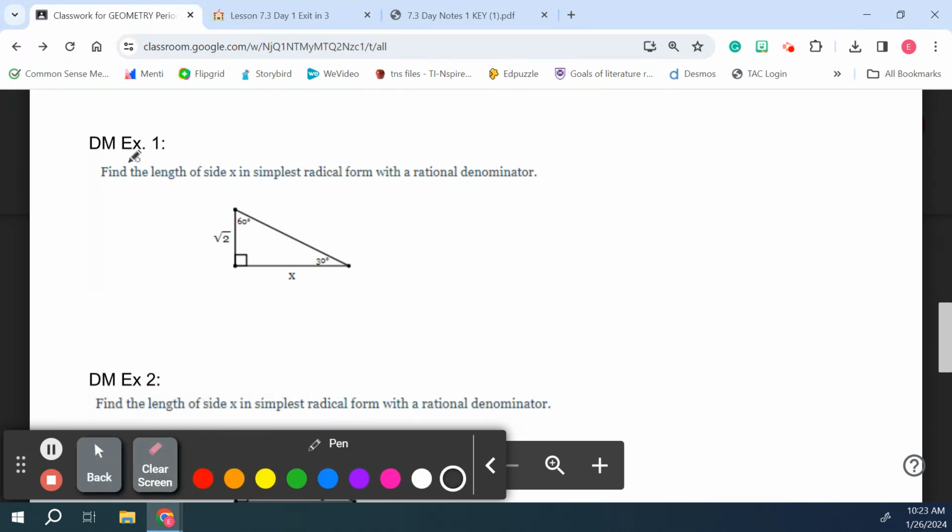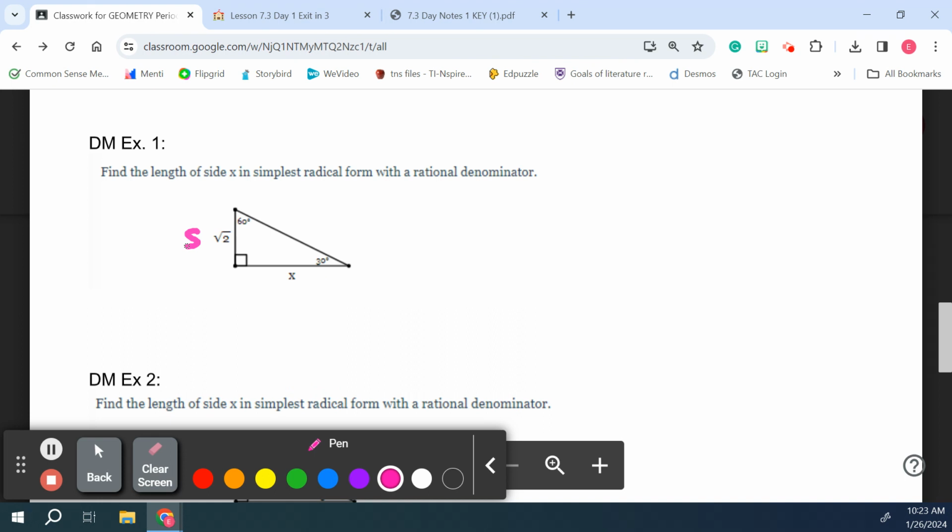All right, so Delta Math example 1, find the length of the side x in simplest radical form with a rational denominator. Rational means that you can't have the square root at the bottom, okay? So in this case, we have our 30, 60, 90. This is our short side.